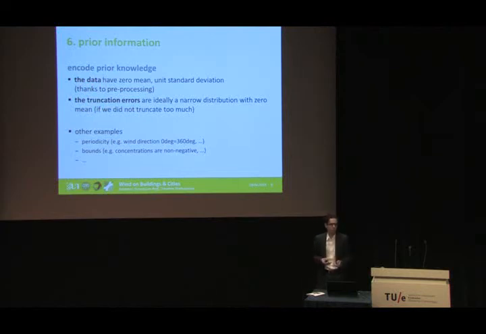The mean of that truncation error should be 0. The magnitude should be limited. There are other things, periodicity, for example, some bounds if you do concentrations. Well, they cannot be negative, except when you do measurements and you didn't calibrate well, but okay, that's another thing.